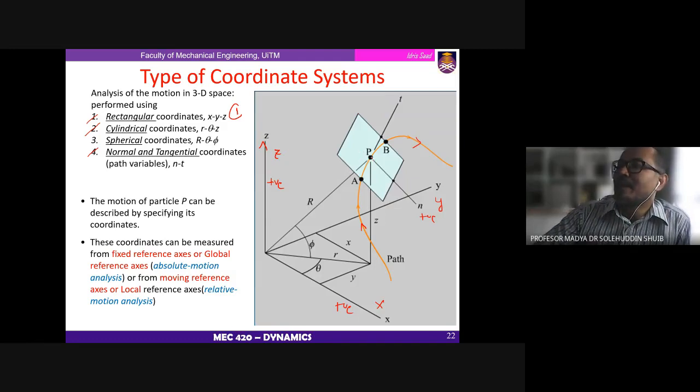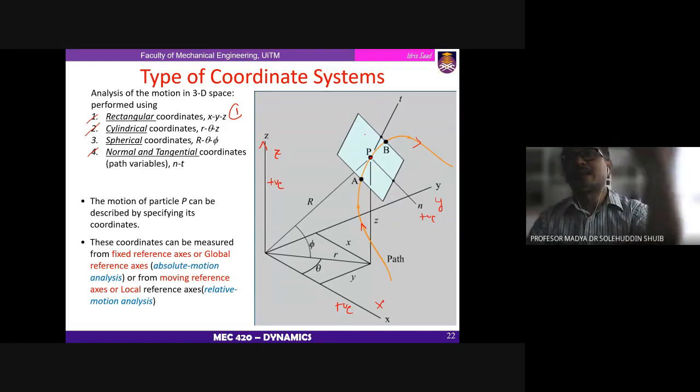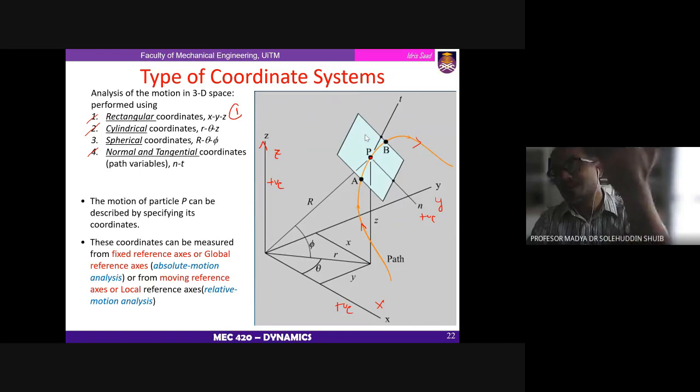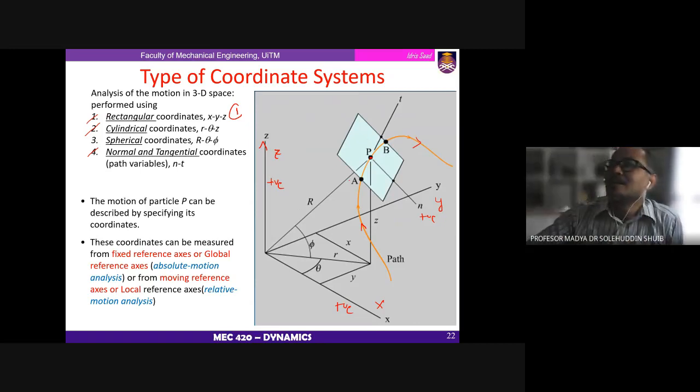When we locate the particle here, we can draw a plane, like a slice of cake. Like when you buy cake from Secret Recipe and cut it into slices, imagine you cut only the plane. You learn about sectioning in drawing also.